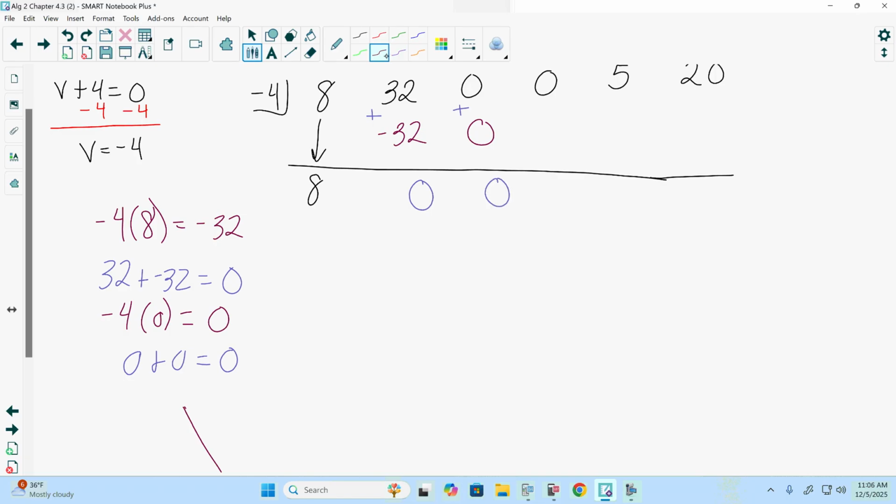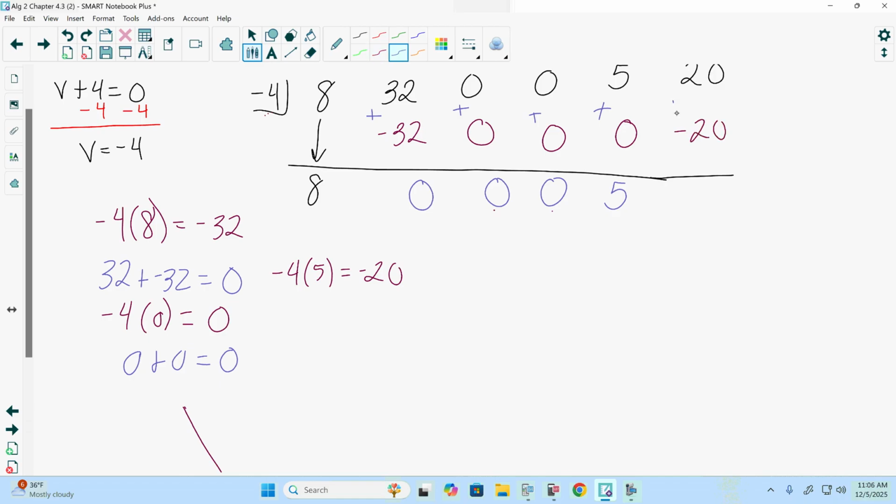I'm not going to write the next few multiplications out, because we're going to do negative 4 times 0, which is 0. 0 plus 0 is 0. Negative 4 times our next 0 is 0. 5 plus 0 is 5. Now we do have a new multiplication because now we're doing negative 4 times 5, which is indeed negative 20.